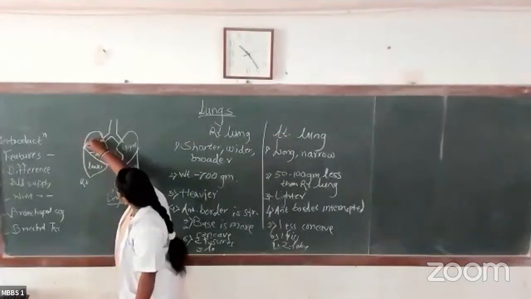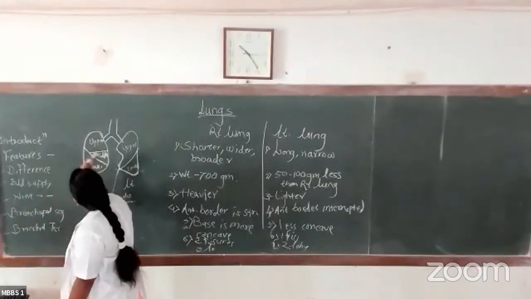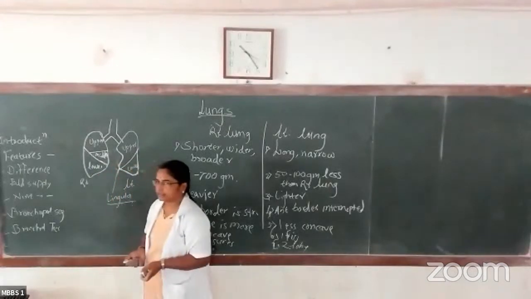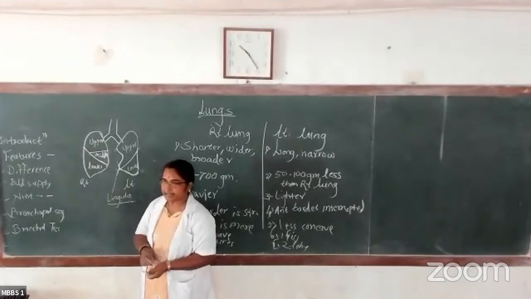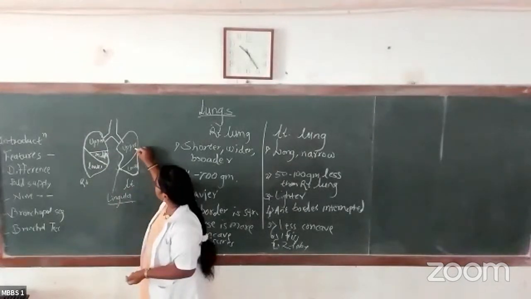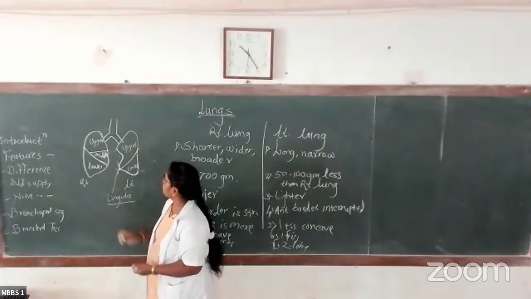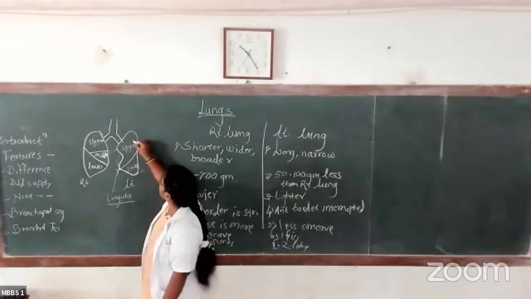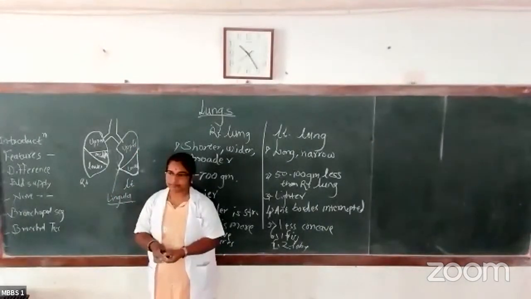Now due to the presence of this oblique fissure, the lower lobes lie more posteriorly and upper and middle lobe lie more anteriorly. Similarly, here in case of left lung, due to presence of this oblique fissure, this lower lobe lies more posteriorly and the upper lobe lies more anteriorly.